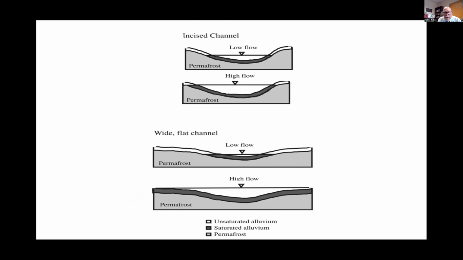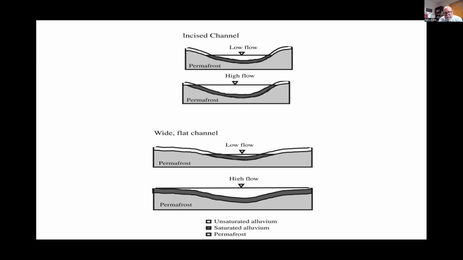And the way these streams work, this is just a cartoon of kind of an incised channel versus a wider, flatter channel. And during low flows, we get flow in the channel. And I'm really interested in what I call saturated alluvium. I'm going to refer to that as the hyporheic zone.